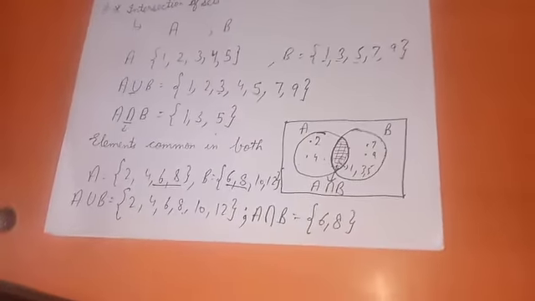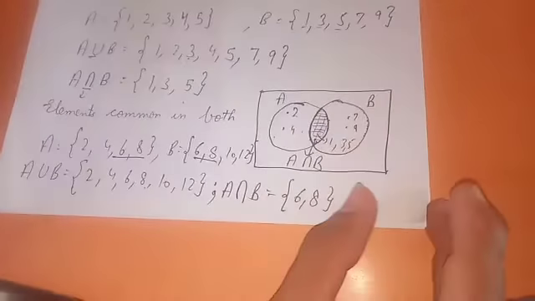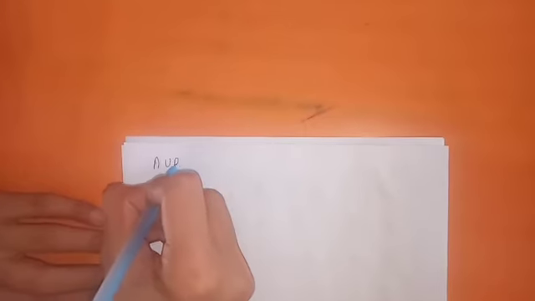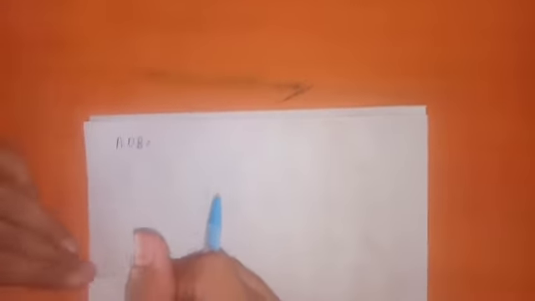Now if we define the intersection in set builder form, how will we define it? First of all, we talk about A union B. In this way we can compare them, see what the differences between them are, and understand both.